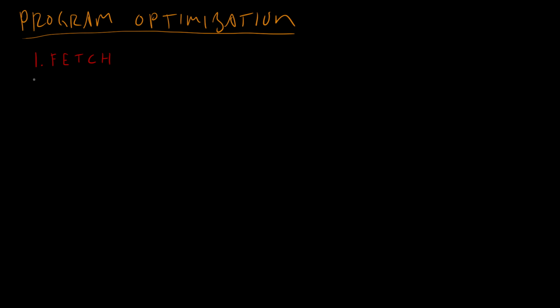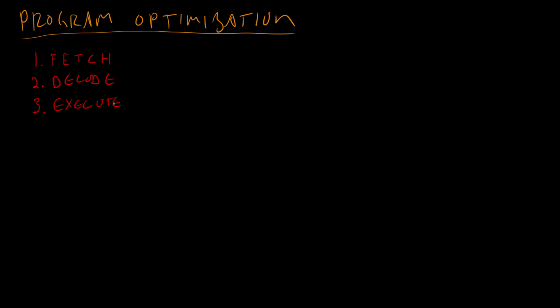Okay. The second step is to decode, which is basically, what is this instruction? Is it a move instruction? Is it a compare instruction? Is it an XOR? Decode it so that you can figure out what to do with it. Step 3 is to actually execute the instruction.